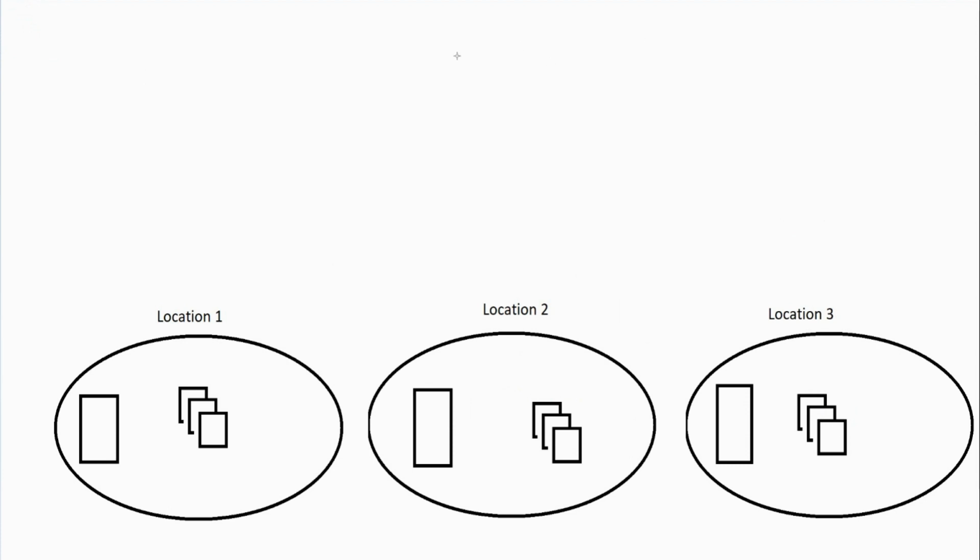Now, there's a couple of ways we could do this. One thing we could do is what's called WAN connections, where we pay a telecommunication provider to provide us with telecommunications equipment that could connect these locations together through the telecommunications network. And you would pay, of course, a fee to do that.